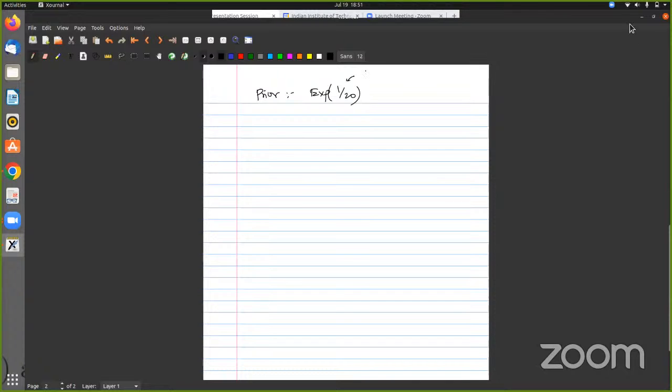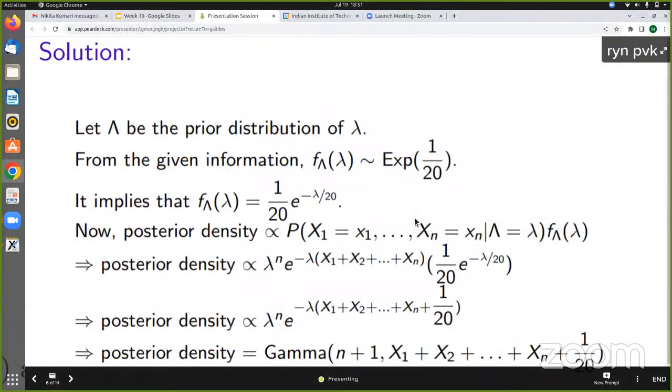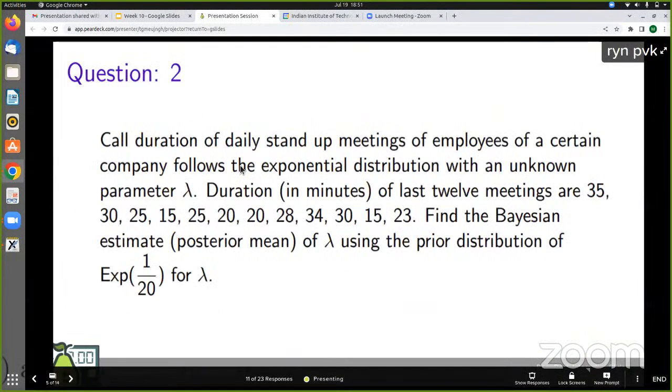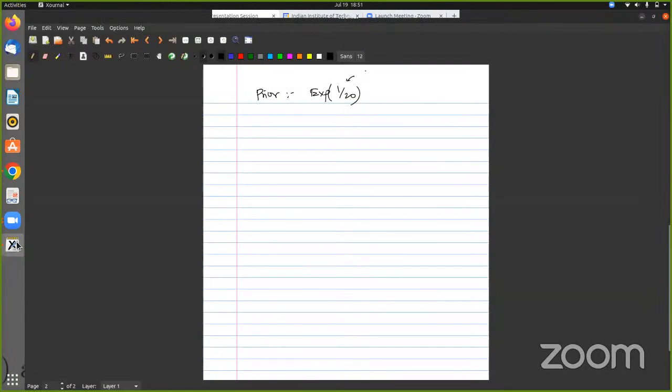We'll see the question once again. The call duration of employees follows an exponential distribution with unknown lambda. This is a different thing.